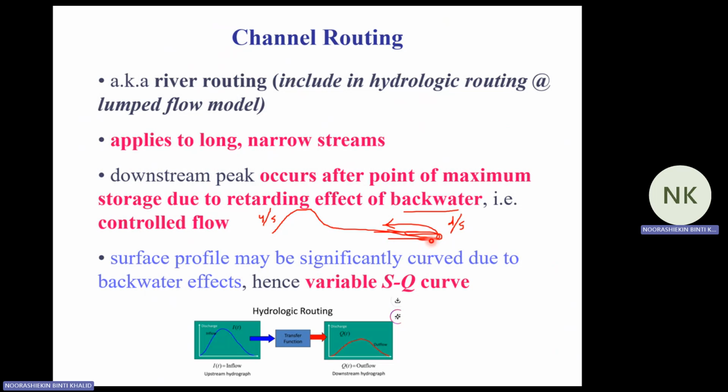The Q value becomes slowly smaller, and if there is a breach or any obstruction, then there can be a backwater effect. So we use a storage-discharge curve relationship for this channel routing.